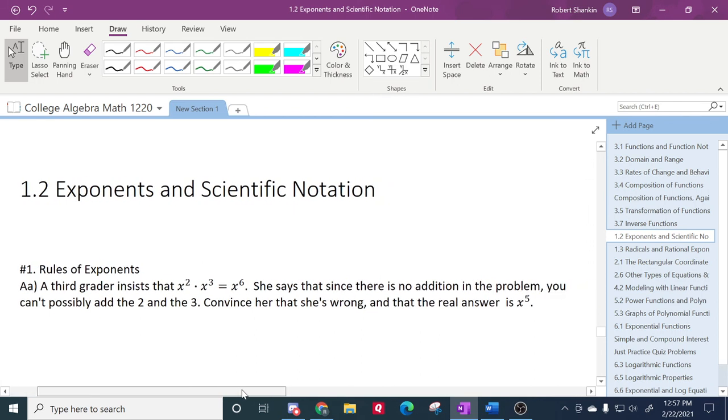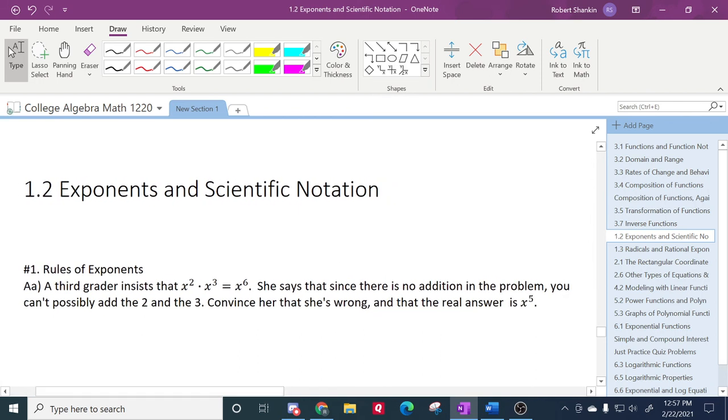And the first task is right here. Rules of exponents. You're going to go into your group chat in a moment, and a third grader insists that x squared times x cubed is x to the sixth. Now this third grader would have probably been me when I was in third grade, because I remember when I first saw this it didn't make any sense to me. And she says what I felt: that there's no addition in this problem.